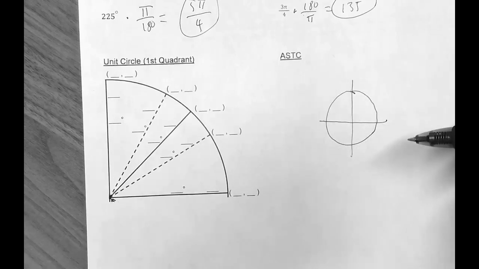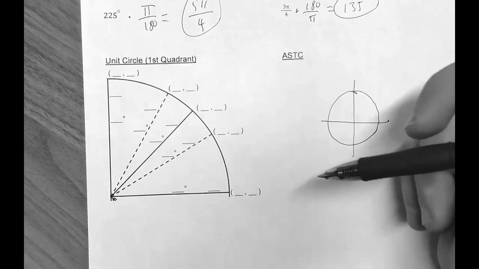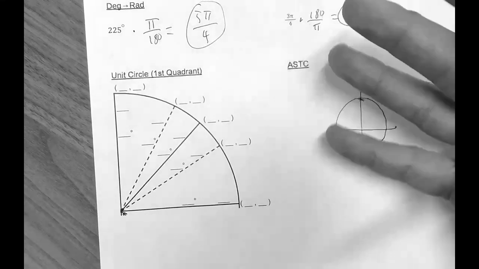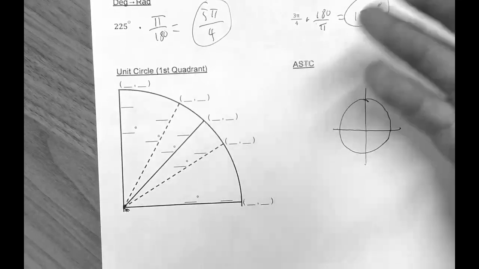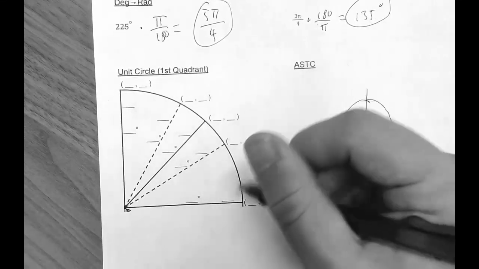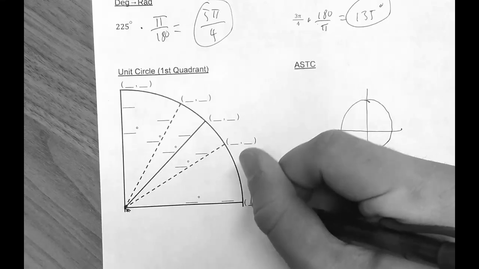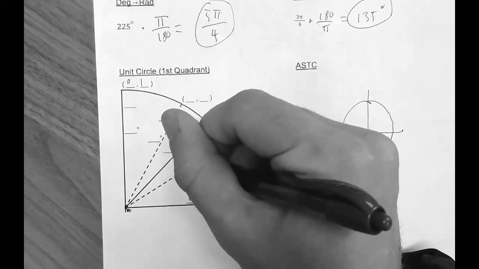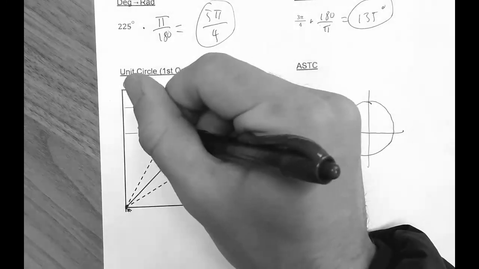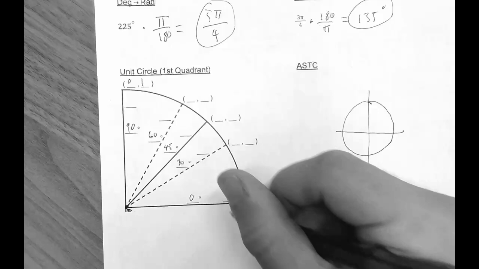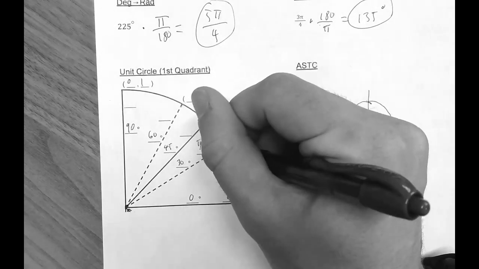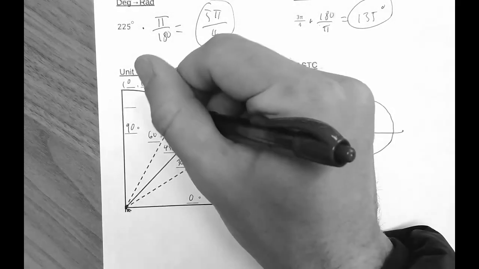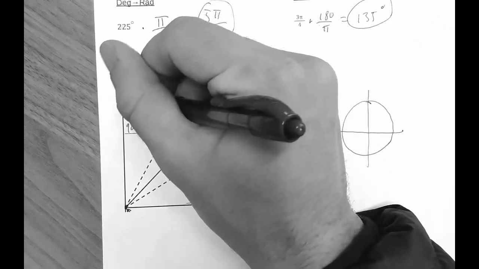You can make one on your note card, but it's important to understand how to find the values and how to find different values using this note card. So we'll call this 1, 0. This is 0, 1. This is 0 degrees, 30 degrees, 45 degrees, 60 degrees, and 90 degrees. Then we have 0, pi over 6, pi over 4, pi over 3, and pi over 2.